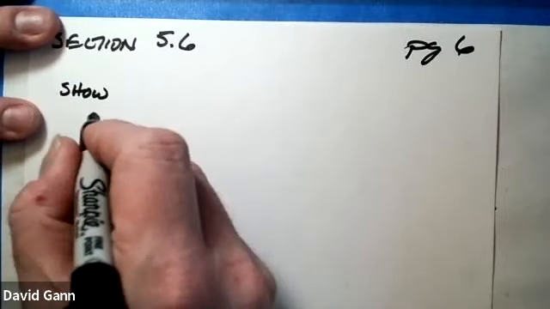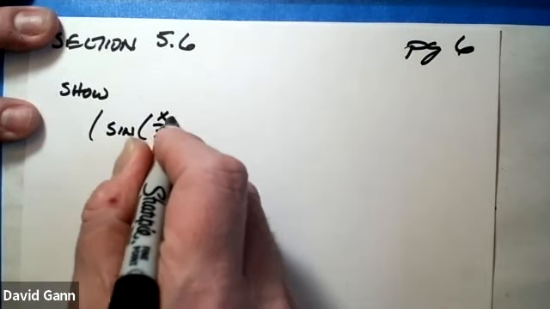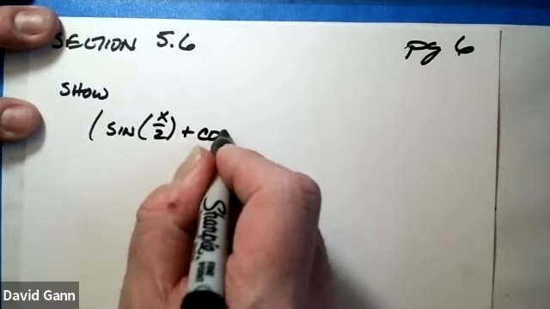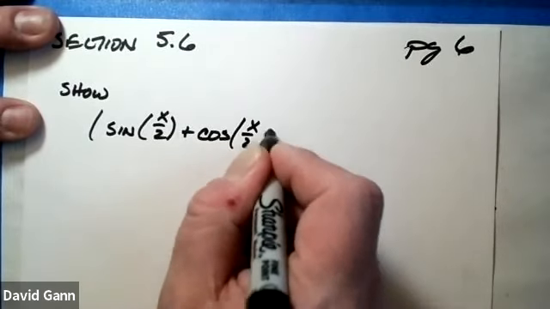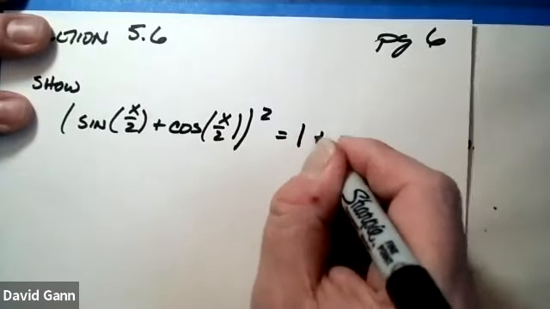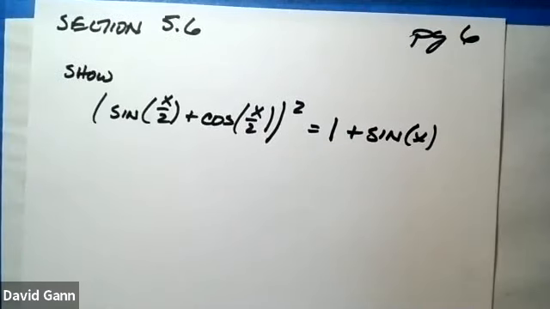So I'm going to state that as: let's show that this perfect square, sine of x over 2 plus cosine of x over 2, quantity squared, in fact equals 1 plus sine of x. That's kind of slick.